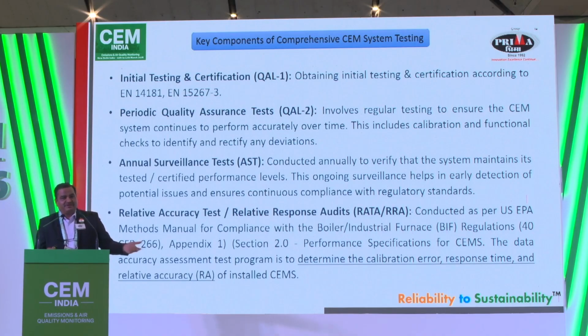Currently there is a facility maybe from 3 years back, hardly known. Then relative accuracy tests, RATA as per the US EPA, which includes parameters like the data accuracy assessment test program for determination of calibration error, response time, and relative accuracy of the installed CEMS.